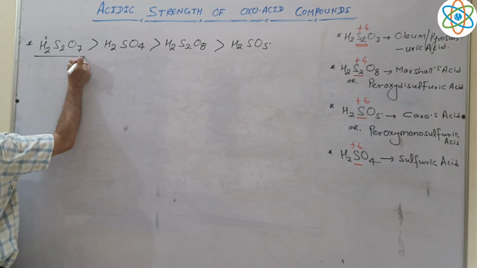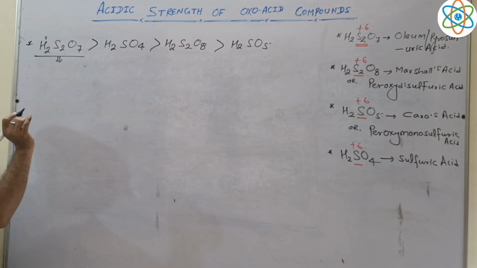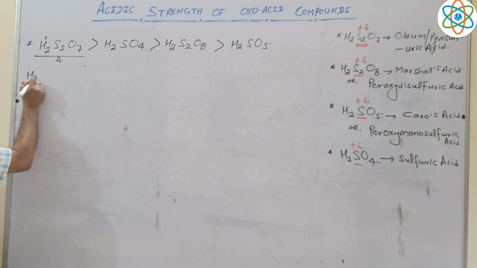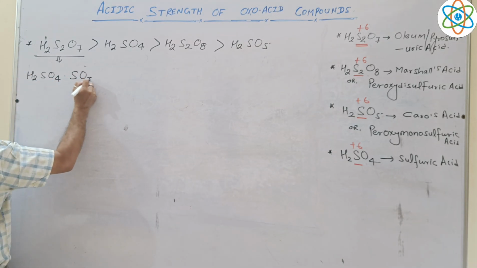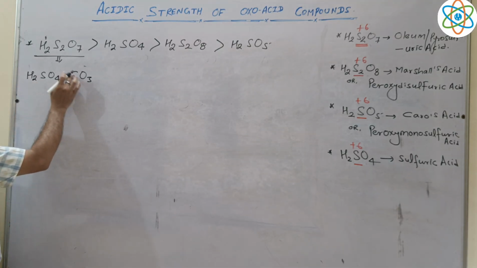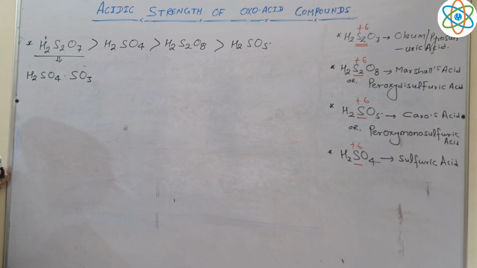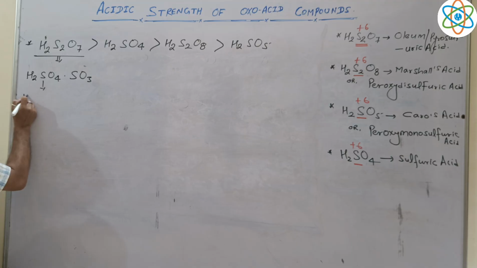If you see H2S2O7, this compound has two parts. One part is H2SO4 and another part is sulfur trioxide. H2SO4 combined with SO3 forms H2S2O7, oleum. You can see H2SO4 has a tendency to give H plus and HSO4 minus, means it is a proton donor.